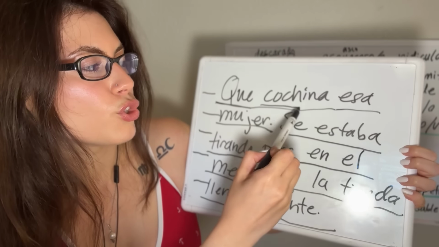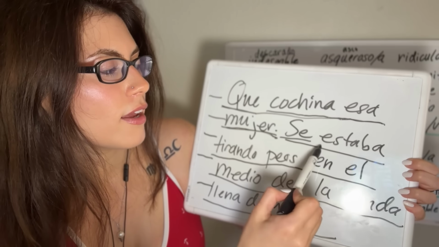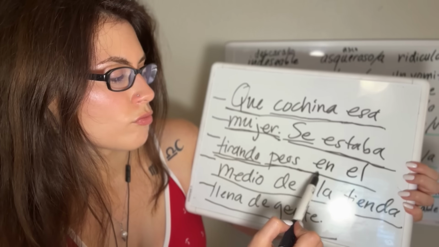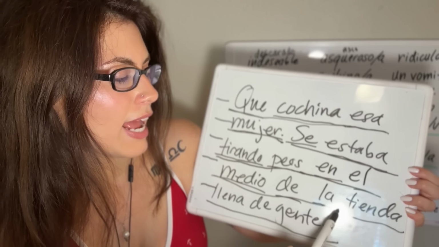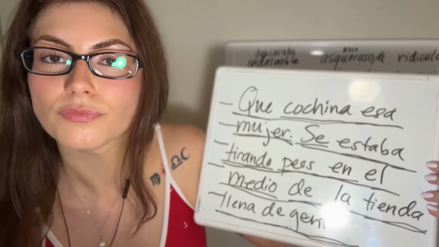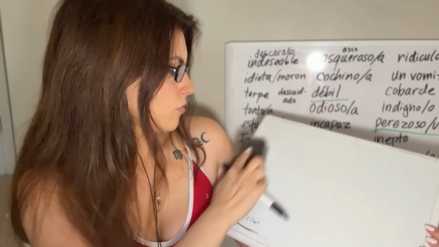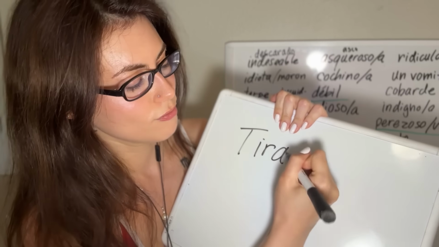Qué cochina esa mujer. Se estaba tirando peos en el medio de la tienda llena de gente. Now let's break a term from that sentence down. I think we will do tirando peos.